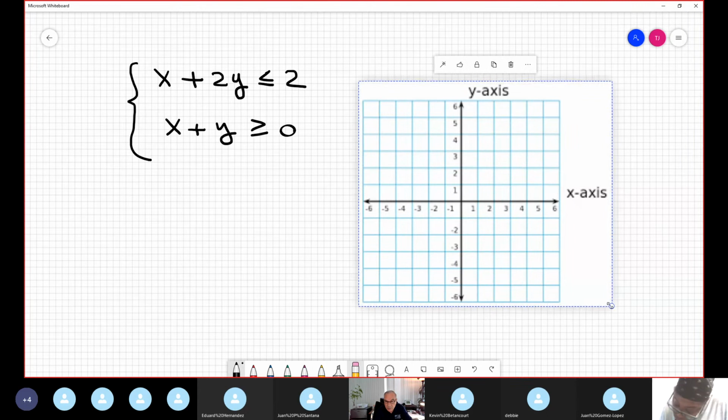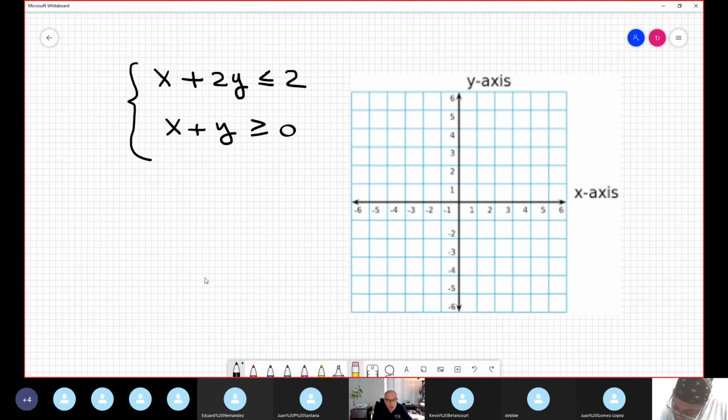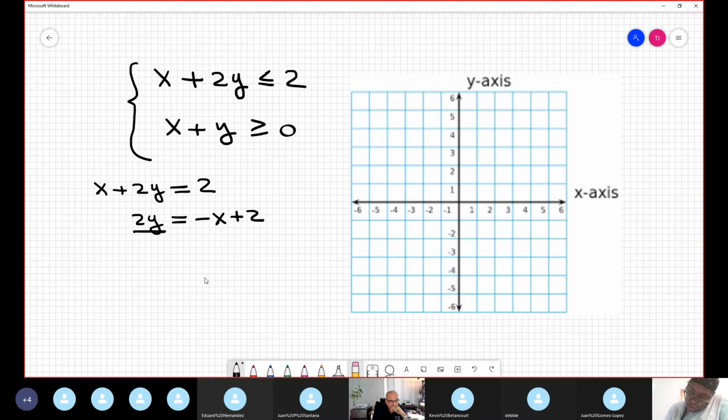I take one inequality at a time. I convert it temporarily to an equation. You solve for y, divided by 2, it is negative 1/2 x plus 1.